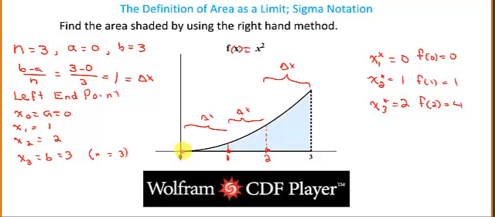That gives me a point on this curve. I have here 0 for x and 0 for y. Then 1 for x and 1 for y would be this point, and this point would be 2 for x and 4 for y.